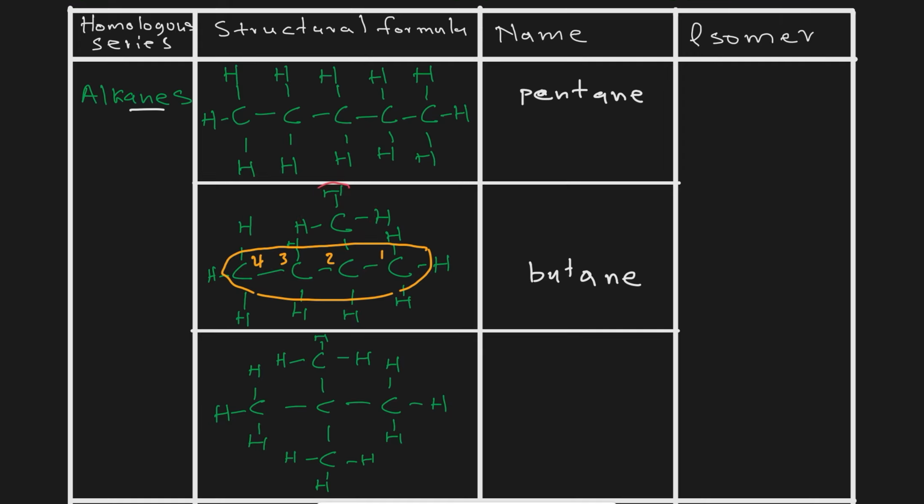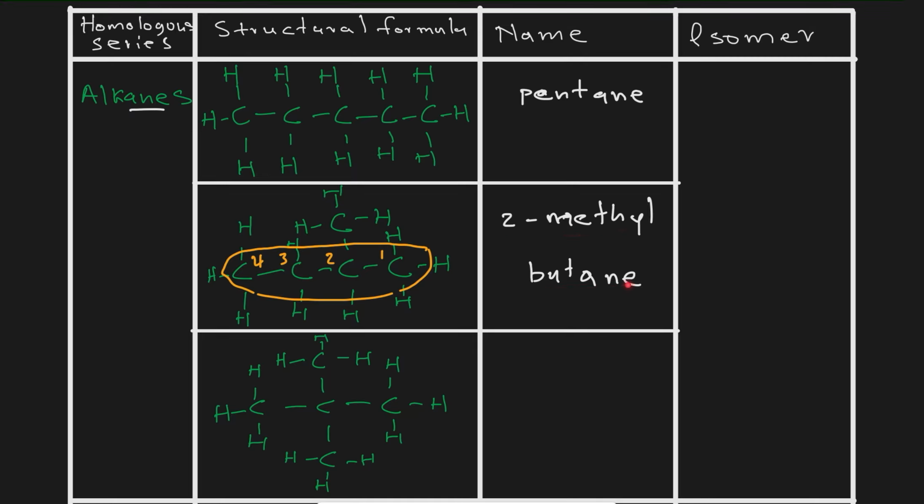The branch that we have is situated in what? In carbon number 2 of the main chain. But what is the name of this branch? This branch has only 1 carbon. So remember, if you have 1 carbon, it's going to be methyl. So the name of this organic molecule is going to be 2-methylbutane.